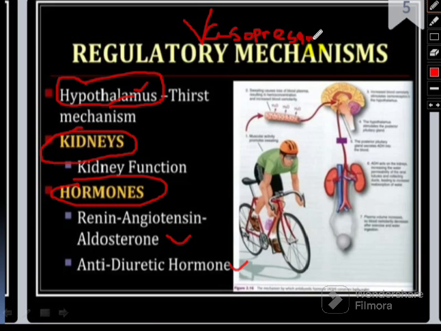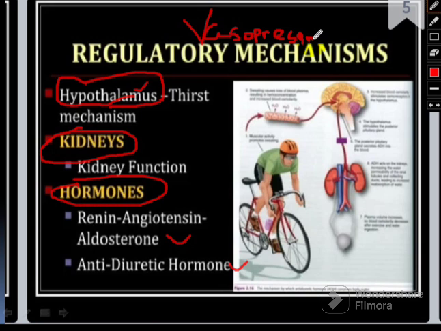Alright? So basically, what I am saying is, there are nervous and endocrine mechanisms that help us to regulate body fluid content or body water in every human being. As you proceed in your career, you will get to know all of that.